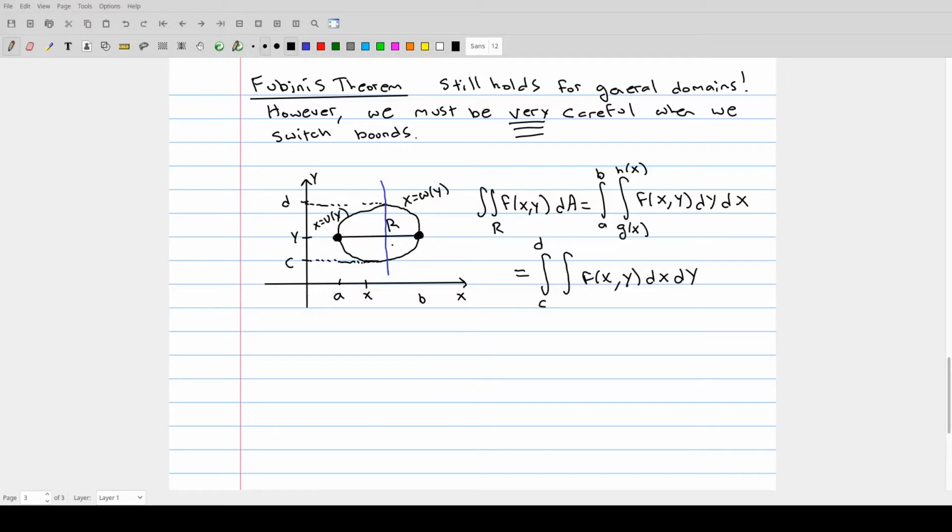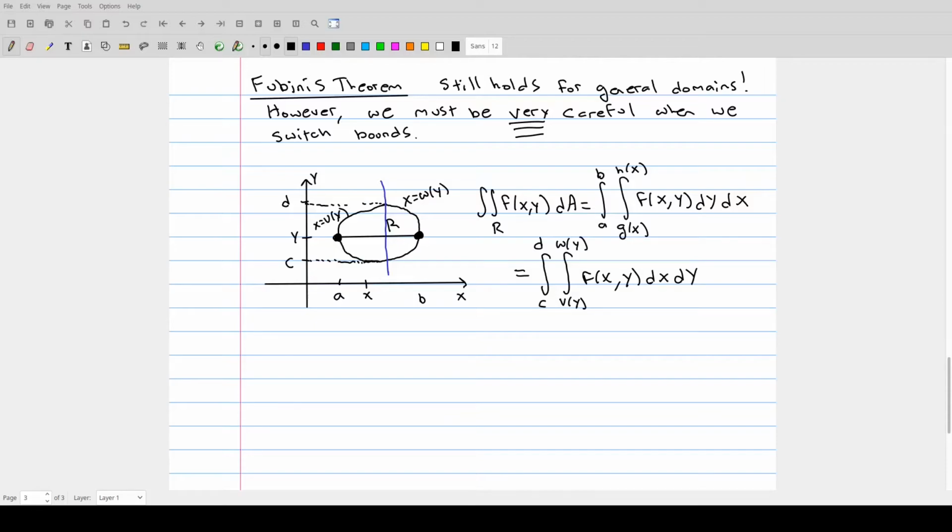This is the upper bound in the domain. If you consider this straight line sliding from C to D, the upper bound and the lower bound on a general domain are changing as these specific functions: v of y right here, and w of y right here.